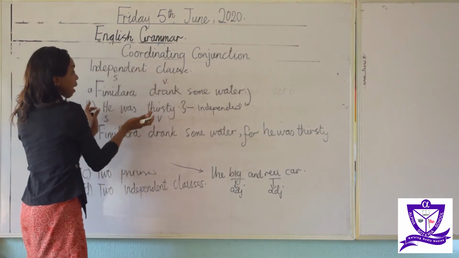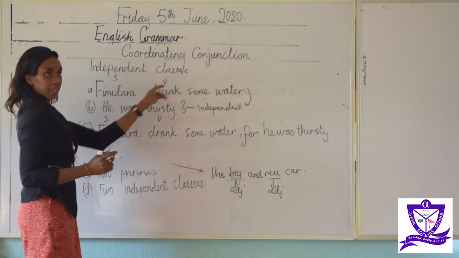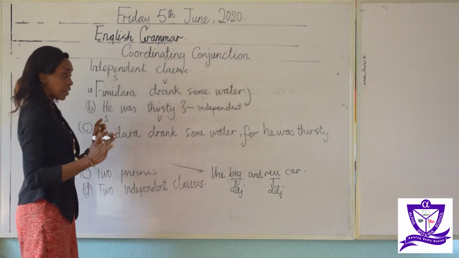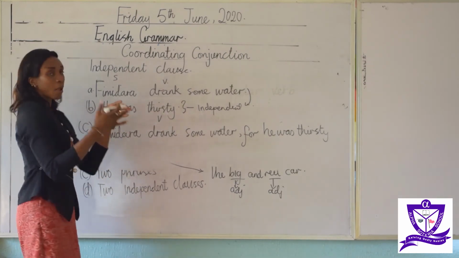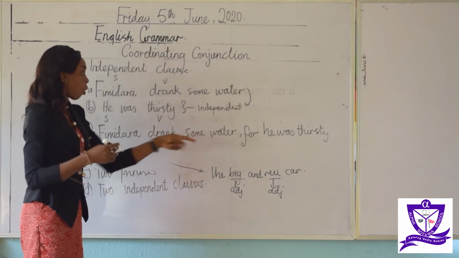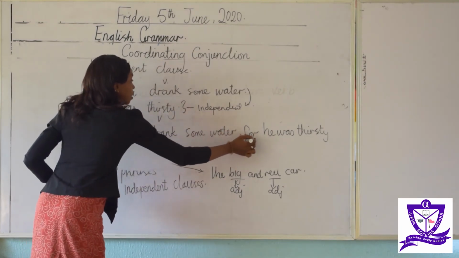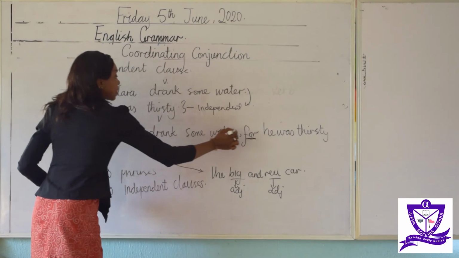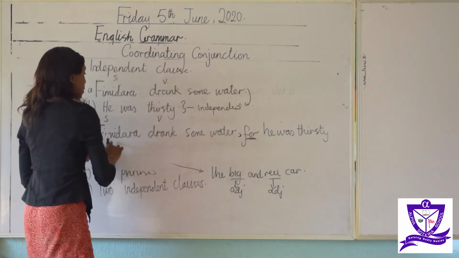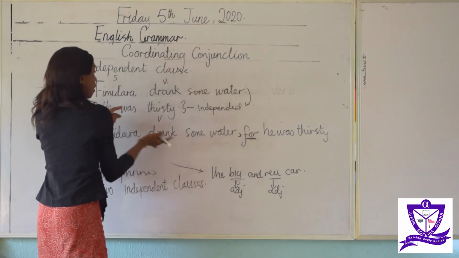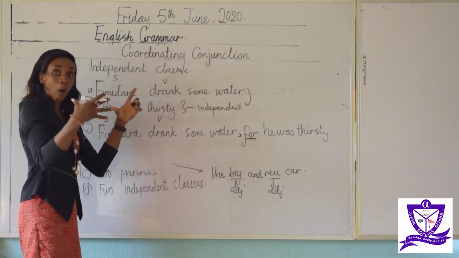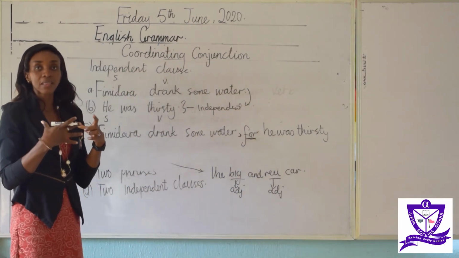Fimidara drank some water is an independent clause. He was thirsty is also another independent clause. So we join both sentences together using what? The coordinating conjunction for. So this for becomes the connector there. And remember, there's always a comma before the connector. So: Fimidara drank some water, for he was thirsty. You can see how we bring these sentences together.